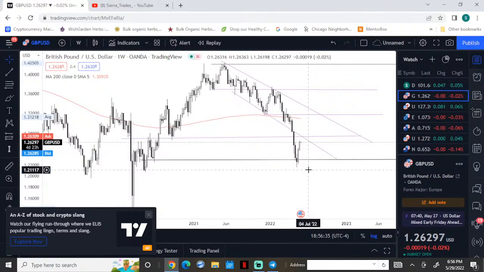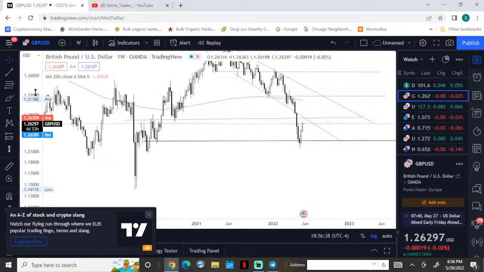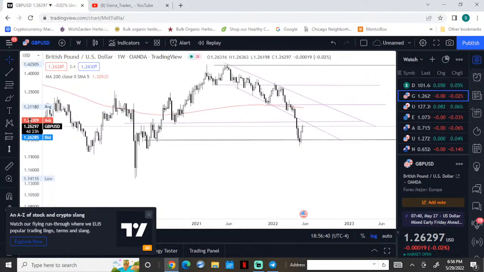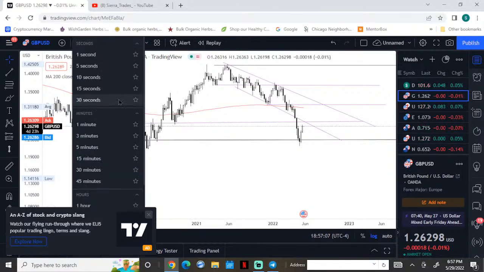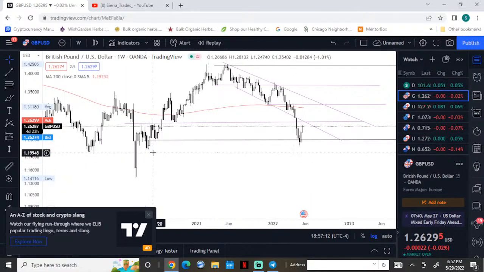I want to see that retouch and break this zone and go even lower, because the dollar is gonna buy. So if the dollar buys, it's gonna push GBP down lower. So yeah, this was still aligned with my dollar analysis. If the dollar is gonna fall some more to the 50 or the 618, then GBP is gonna rise some more, and that would be a perfect break and retest right there. That would be the perfect retest right there.